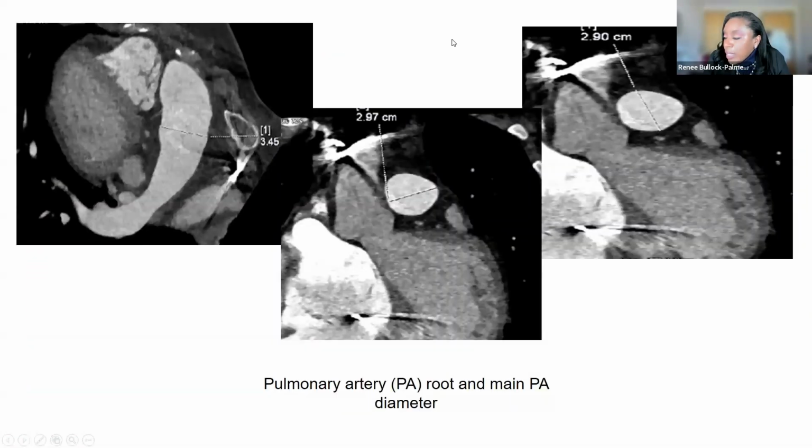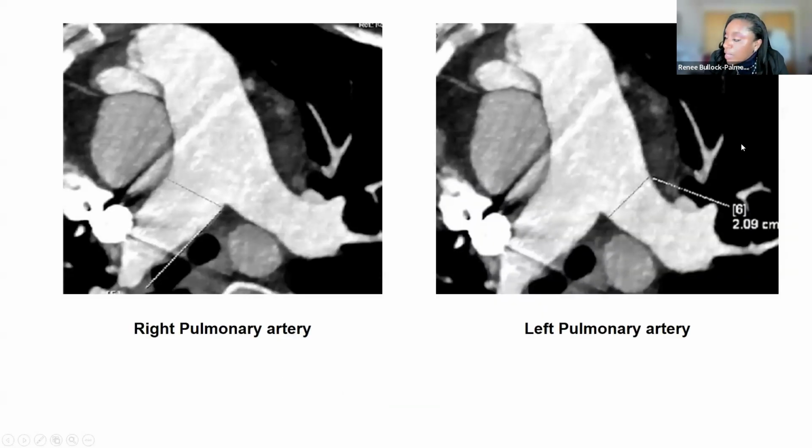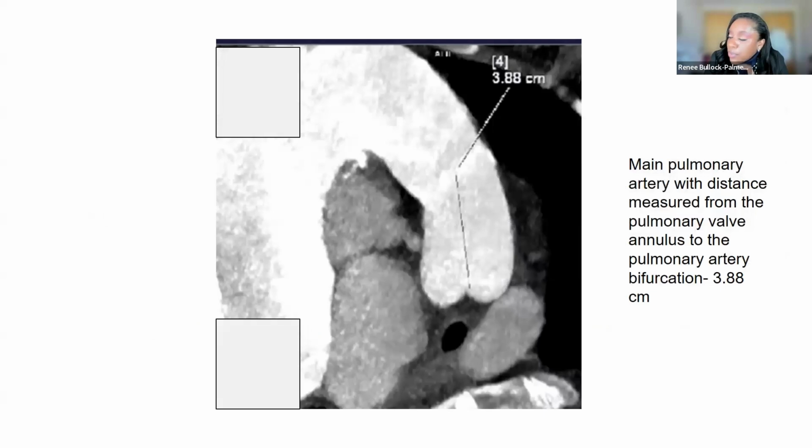Okay. So just looking at the measurements, the size of the pulmonary artery and the relationship to the coronaries are very important. We also look at the angle of the pulmonary arteries, and also look for any branch pulmonary artery stenosis as well. The length of the pulmonary artery, both in systole and diastole, is also very important.